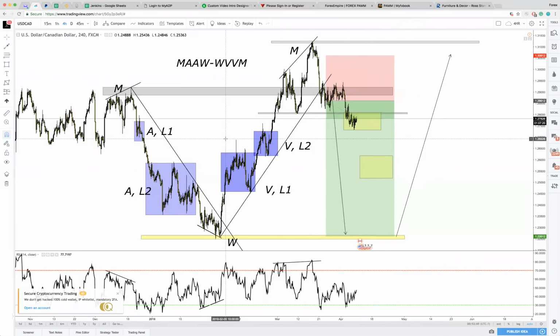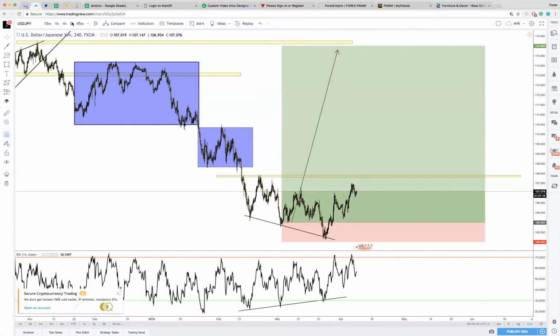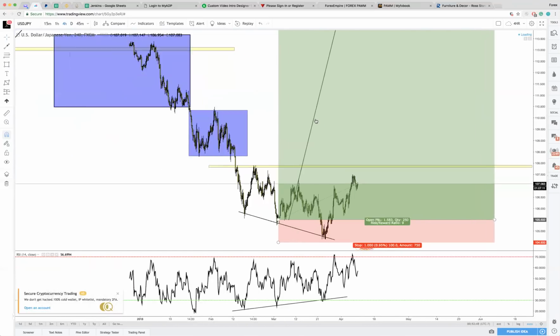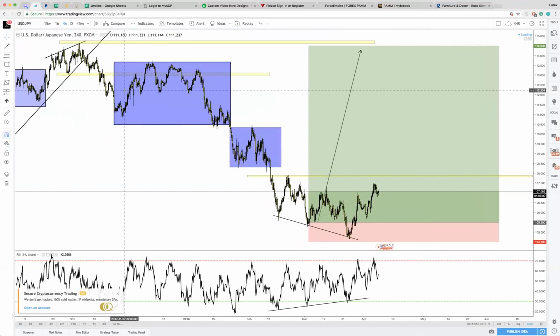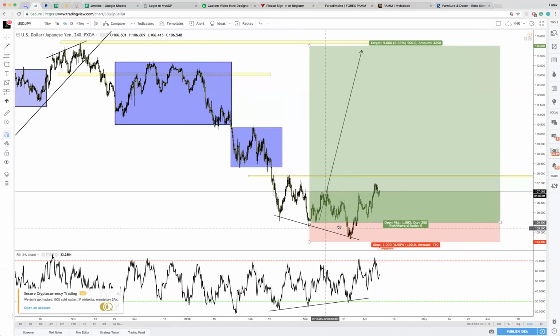Now what we got next is USD JPY. Our USD JPY is a nice buy that we entered last week. As you can see, the M formation level 1, level 2, a nice W right about there, but it hit the extended stop on another one. But now you can see the price is going back up.